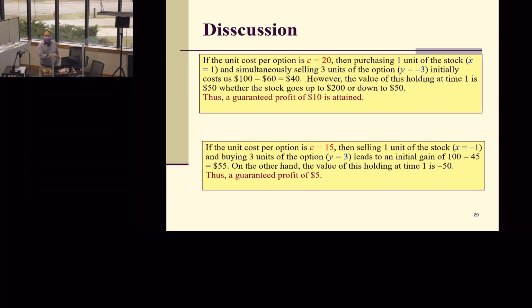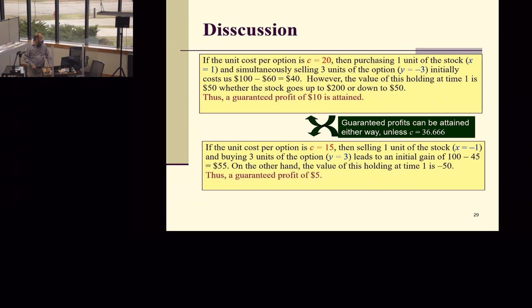So initially I have $55 in my pocket. I'm losing $50. I'm making a profit of $5 in the second scenario. Make sense? So this is a guaranteed profit unless c equals 36.6666. Okay, so these are the possible scenarios.